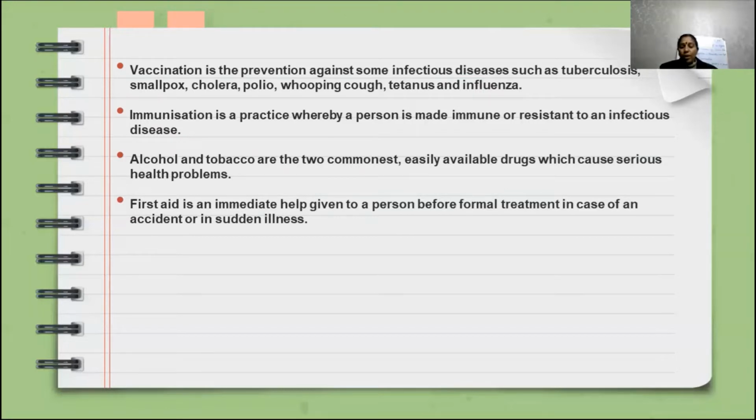On the basis of communicability, diseases can be divided mainly into two types. You already know that. The two types are communicable diseases and non-communicable diseases. Non-communicable diseases will not transfer from person to person, but communicable diseases are transmitted from a diseased person to a healthy person.